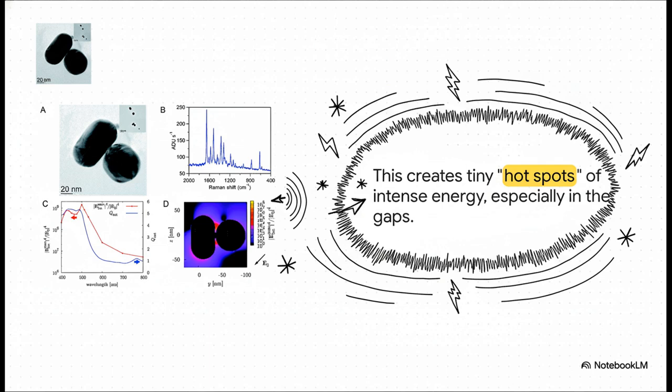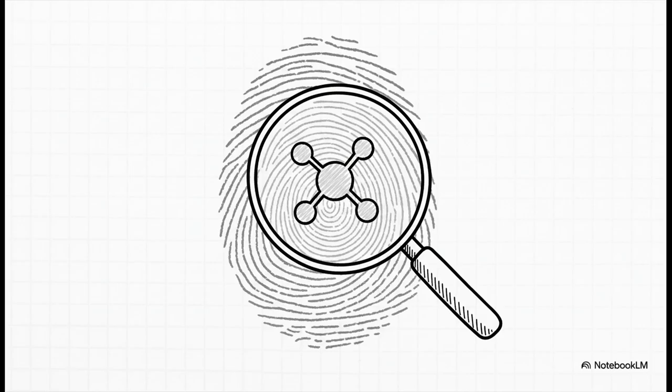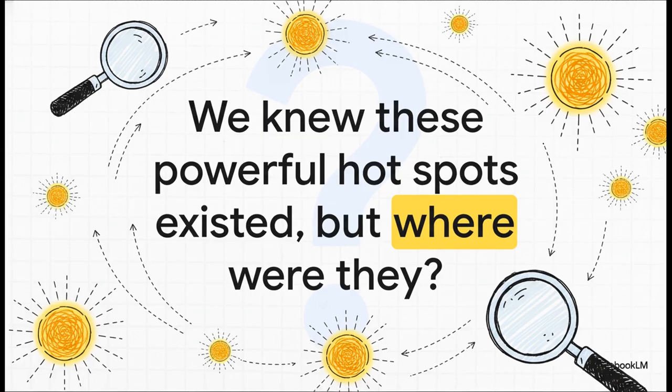That's the sweet spot. That is where the magic happens. And just like that, boom, the impossible became possible. With this massive amplification from SERS hotspots, scientists could finally, for the first time, detect the unique vibrational fingerprint of one single molecule.